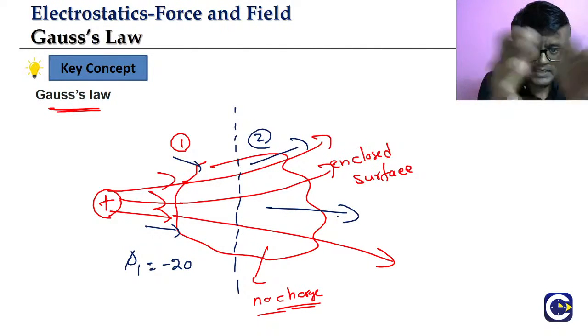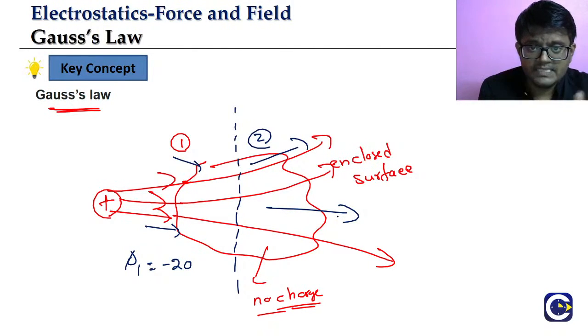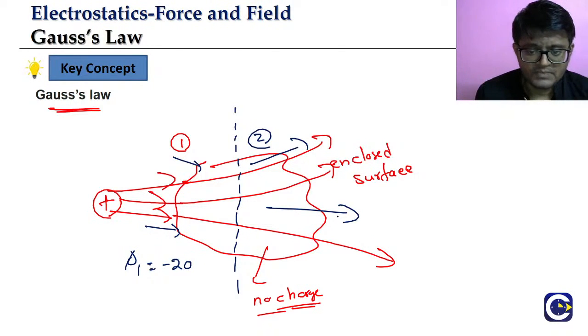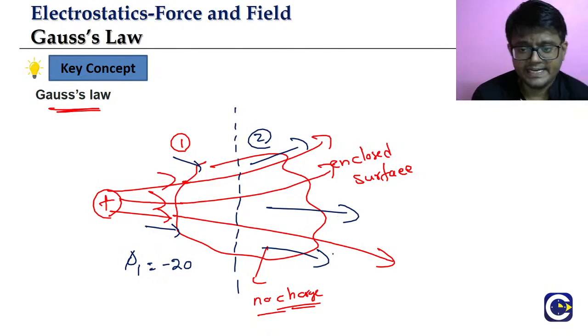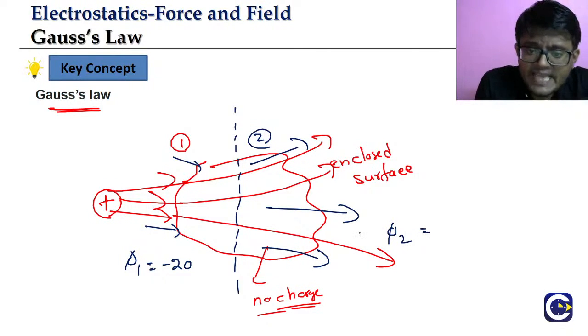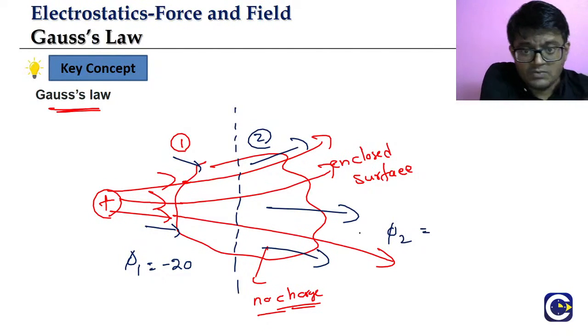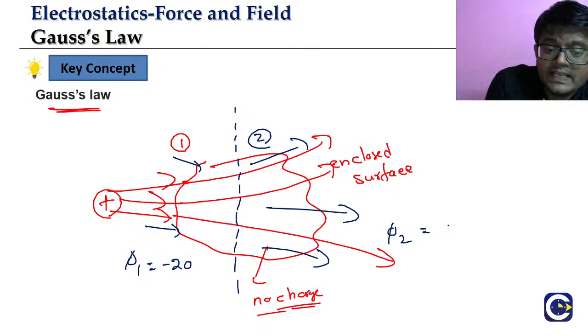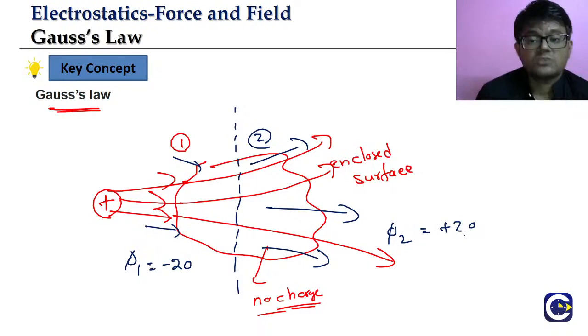On the enclosed surface there is no charge, which means field lines cannot be stopping or starting there. Whatever lines go in from this side will come out. So on this side the flux will be exactly the same value, but positive.